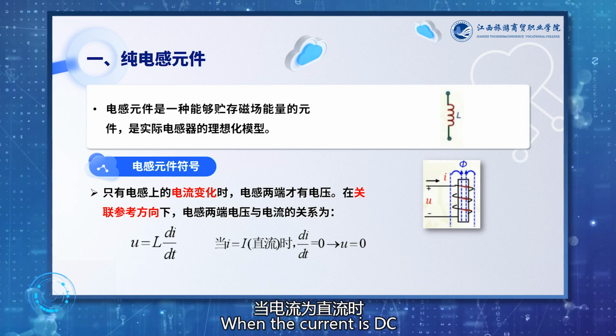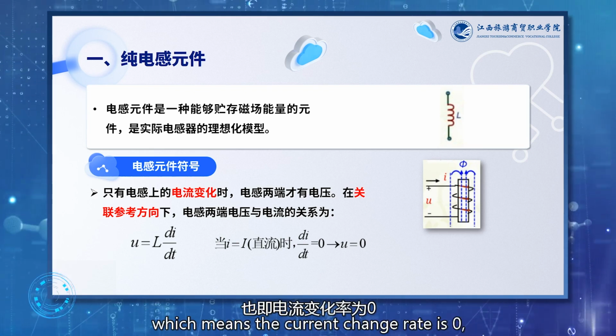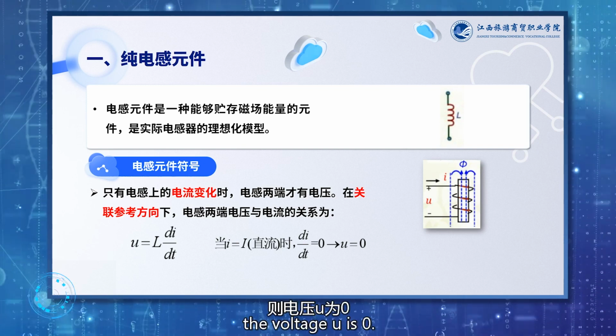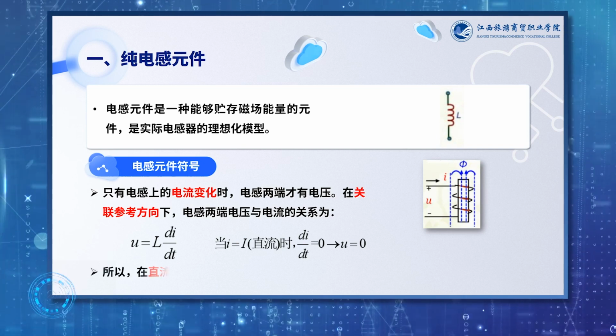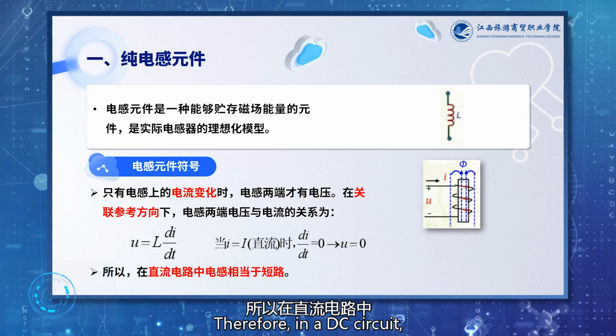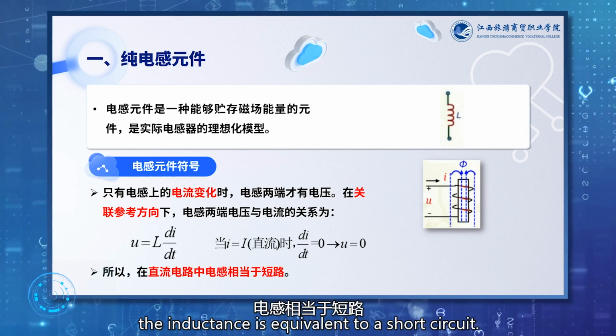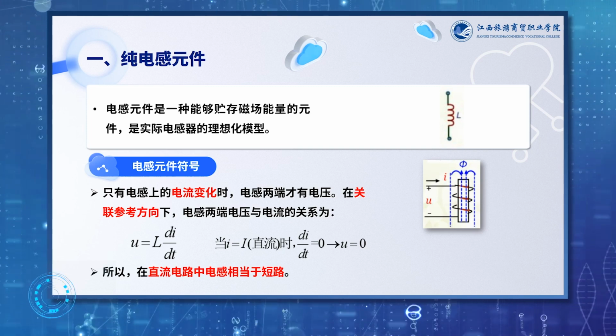When the current is DC, the rate of change is zero, so the voltage u is zero. Therefore, in a DC circuit, the inductance is equivalent to a short circuit.